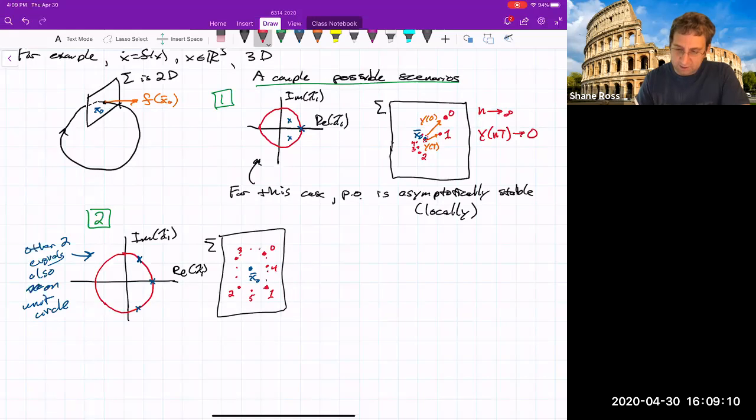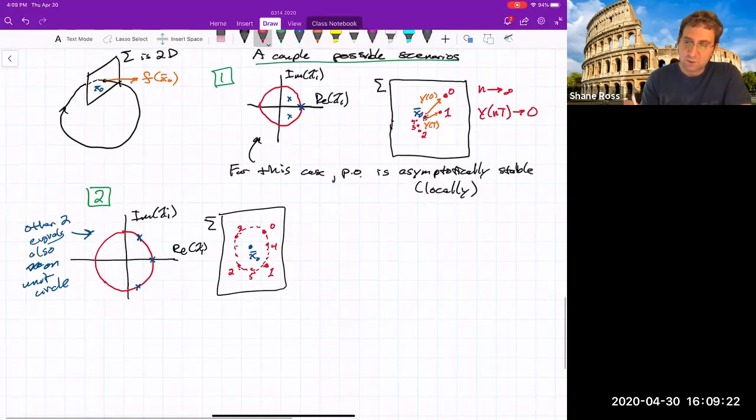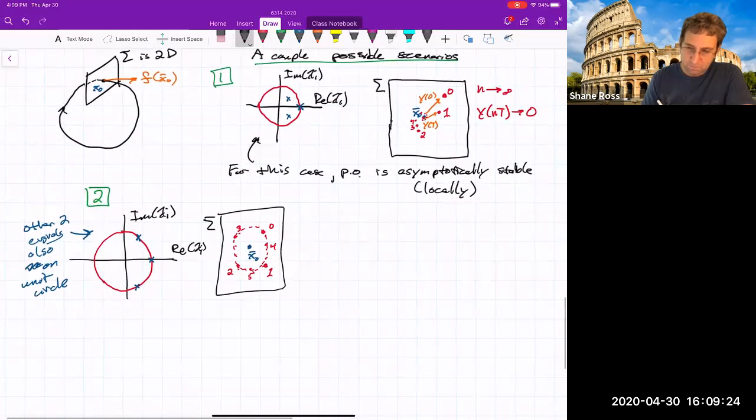What I'll get is some points, they're not growing away from the periodic orbit or the fixed point of this map. They're not getting any closer. This would be the case of a neutrally stable periodic orbit.